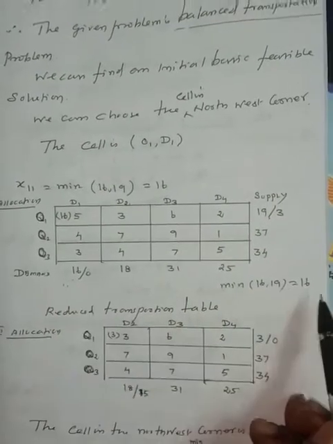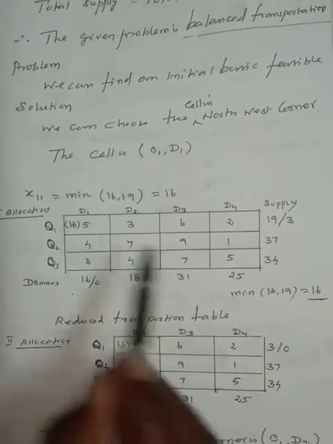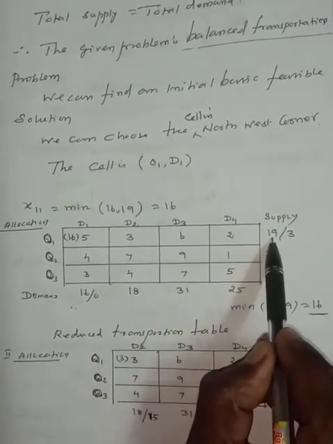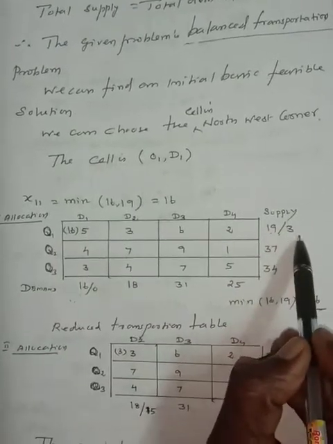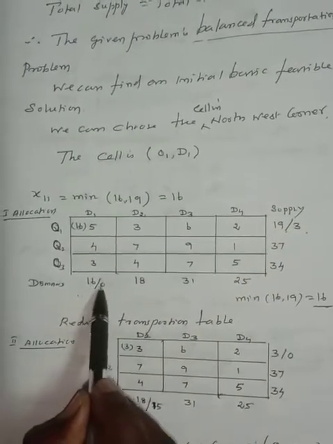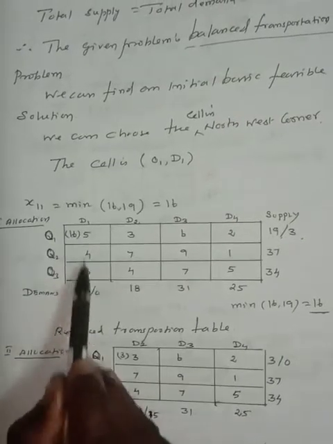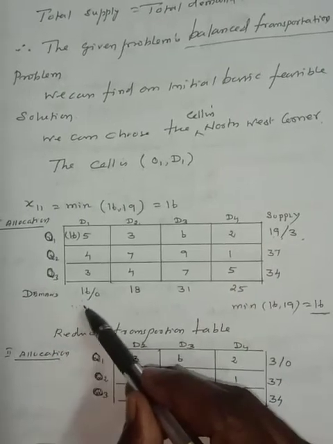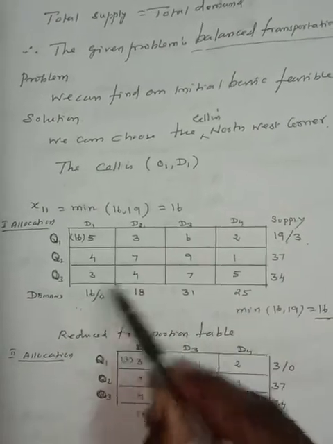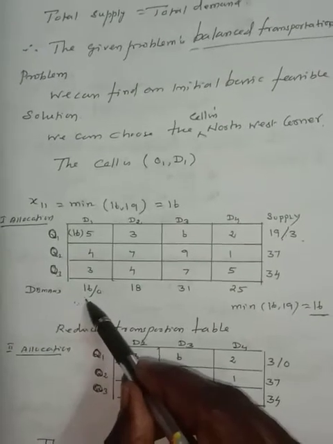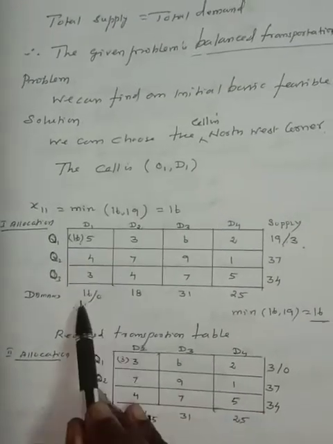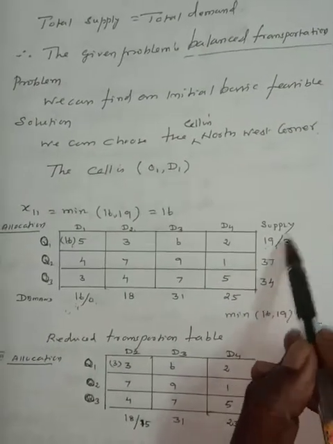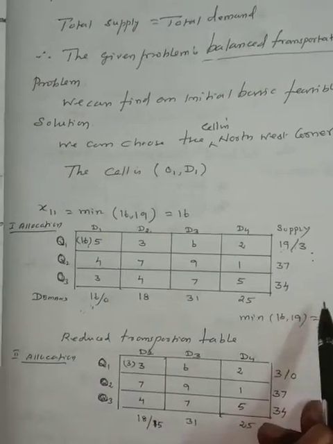The minimum of 16 and 19 is 16. So the first box gets 16. 19 minus 16 is 3, so supply becomes 3. 16 minus 16 is 0, so demand becomes 0. First allocation is over.